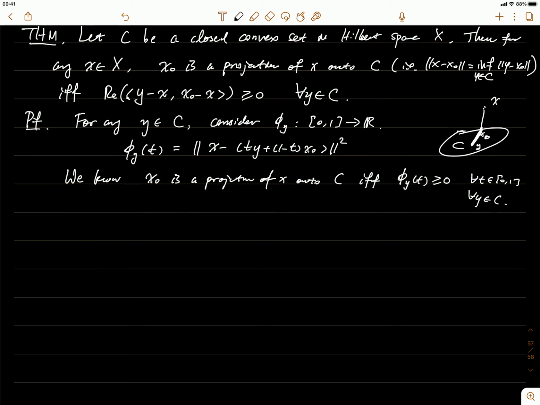You consider phi y prime. This is a function of t only, so we can take the derivative with respect to t, and what we'll get is 2 times the inner product of x minus (ty plus (1 minus t) x naught), and then the inner product with, I think, x naught minus y.